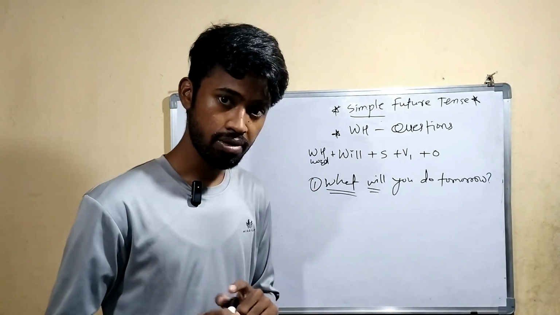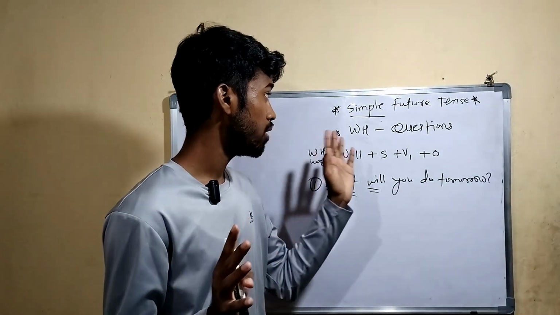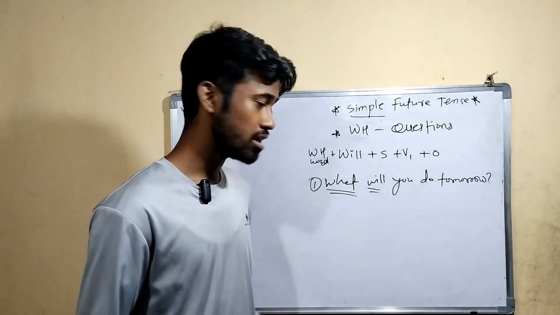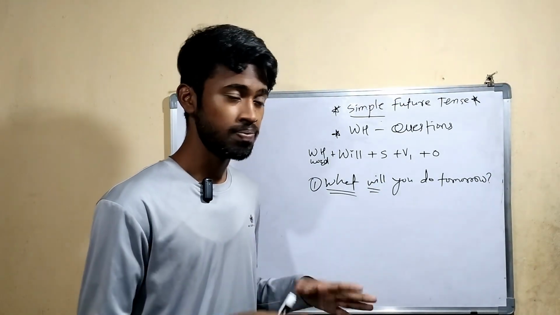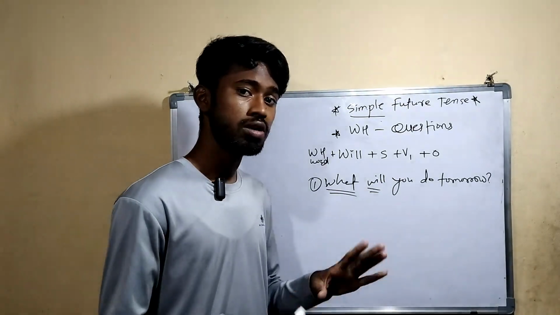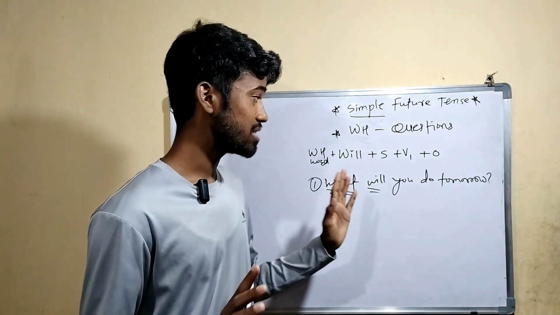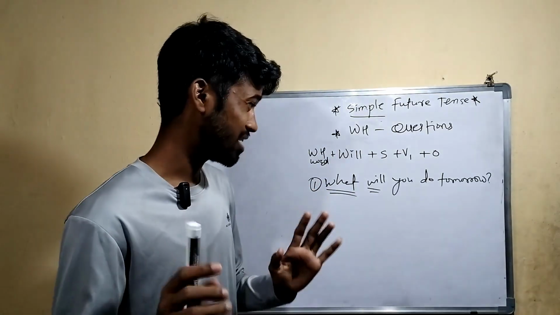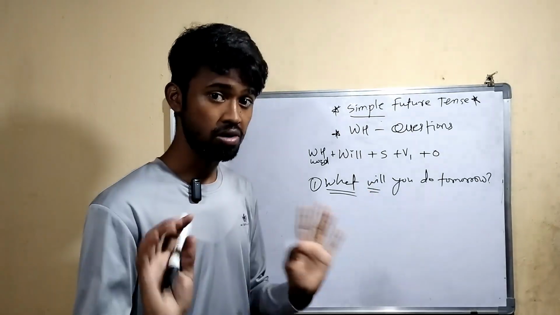So whenever you are framing any question, I'm not talking about particular simple future tense, in any sentence, in any tense, after the WH word the helping verb should be there. Then only it is a grammatically correct WH sentence. So this is the example and this is what you have to remember.